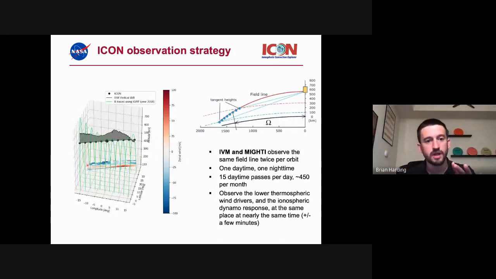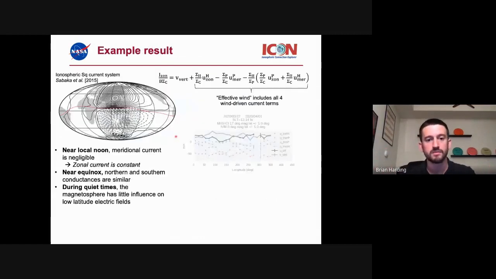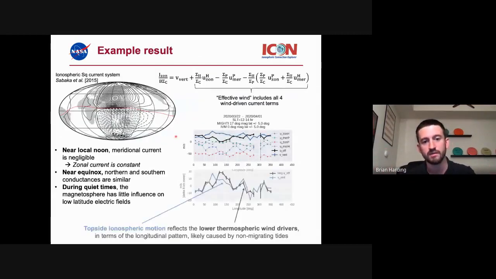And for this plot, what I've done is computed the conductivity weighted wind. So this is really just looking at the part of the wind that is actually driving currents in the field line integrated sense. And the winds at other altitudes are really just driving local currents that aren't really polarizing the ionosphere. So this is 600 kilometers and a conductivity altitude weighted wind.